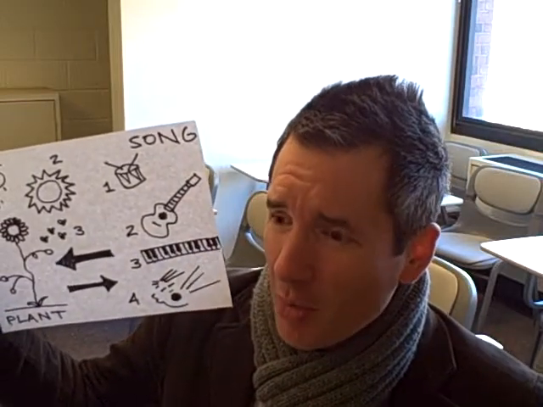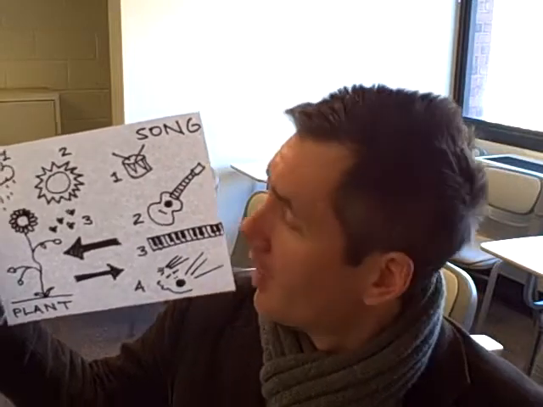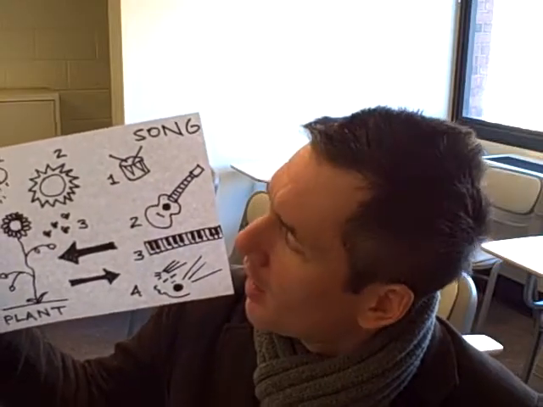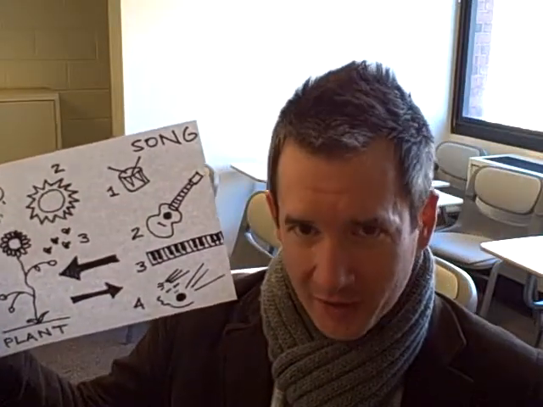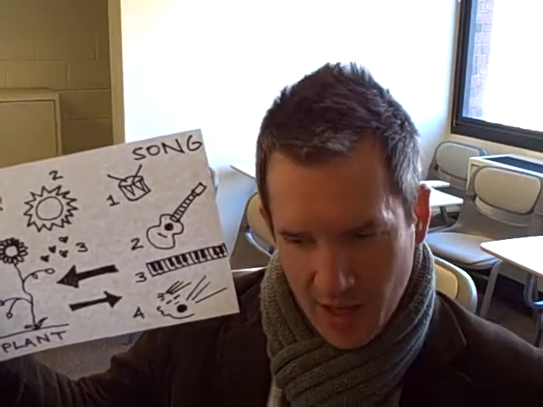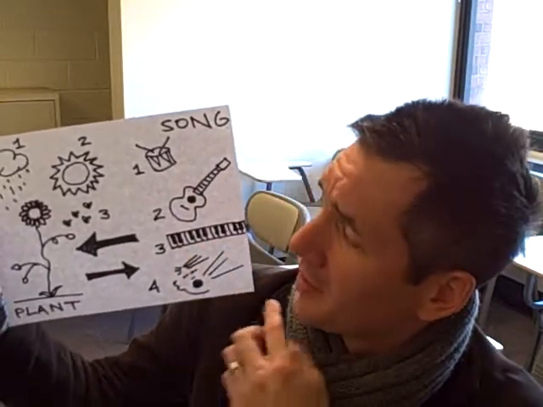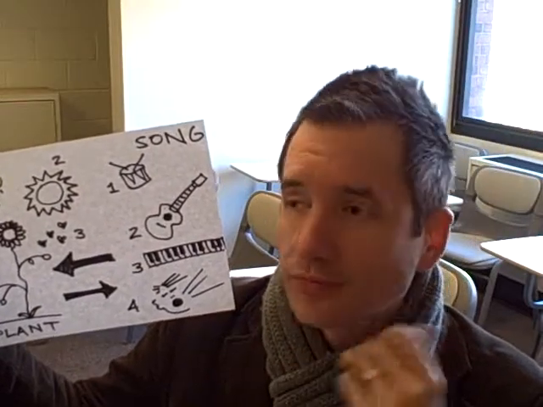But let's say that I'm also interested, just on my own, in music. In fact, maybe I'm an amateur musician. What if I can make some connections between the various steps that are involved in the plant growing and the various steps that are involved in creating and arranging a song?